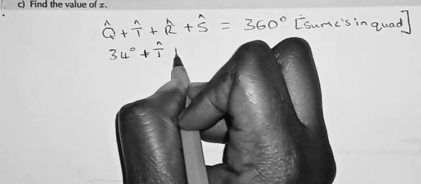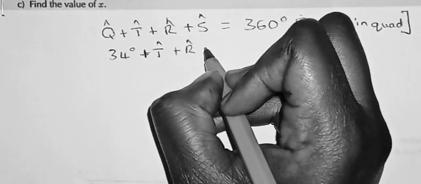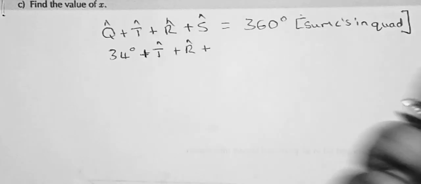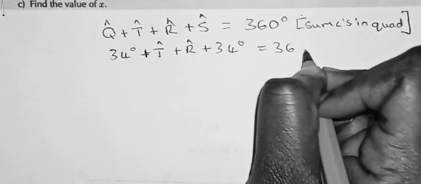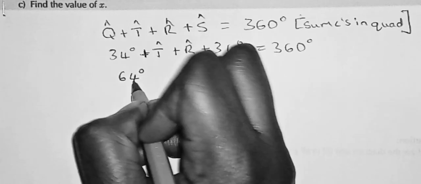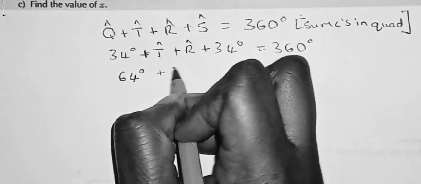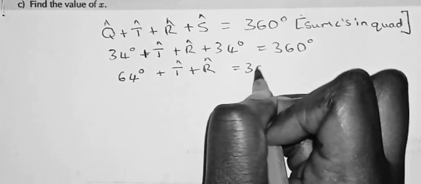And then plus angle R, which was the unknown, plus angle S, which was 34 degrees, equals 360. So after that, I'm adding 34 and 34, which gives me 68, plus angle T plus angle R is equal to 360 degrees.